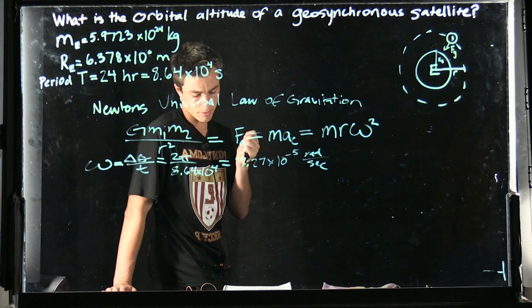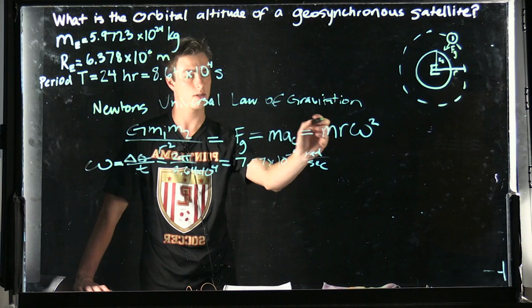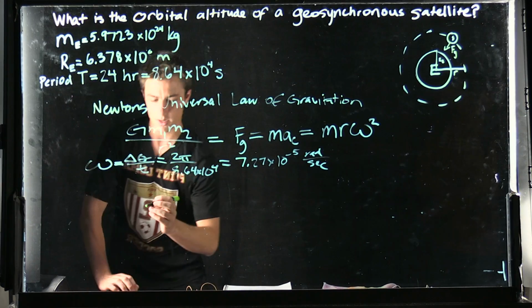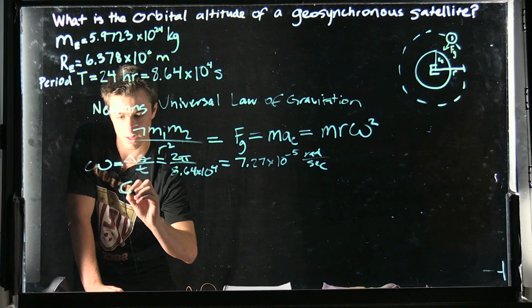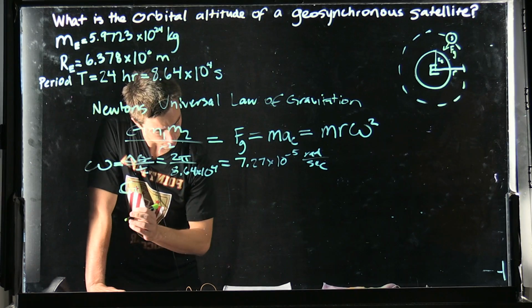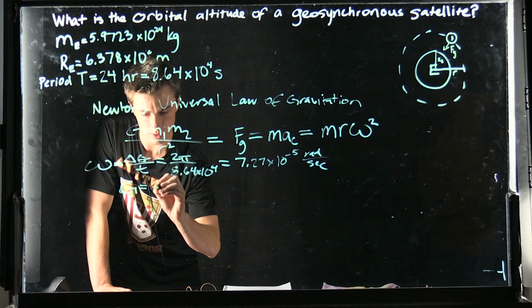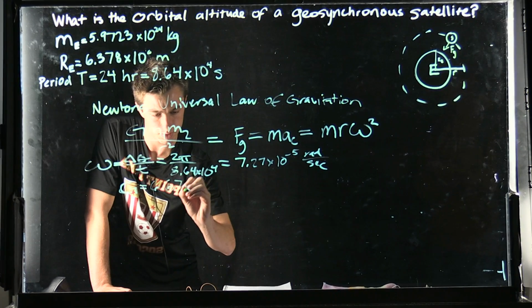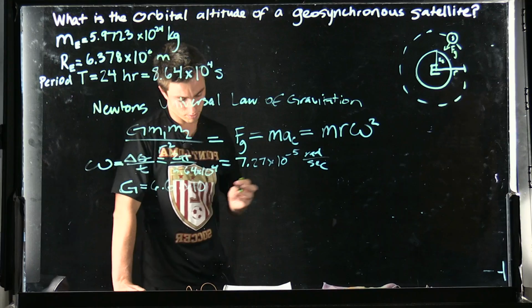Okay, so now we can start plugging stuff in, but first we're going to take these two and cancel some things out. The gravitational constant is equal to 6.67 times 10 to the negative 11th.